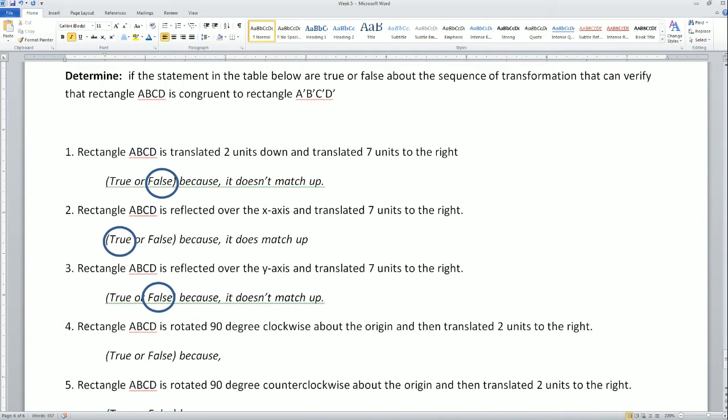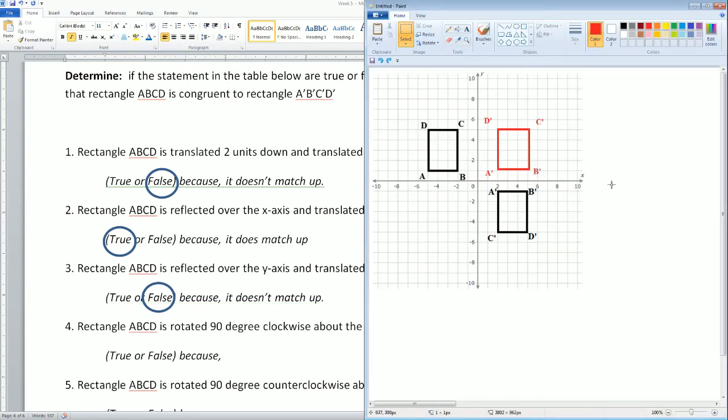Rotate ABCD 90 degrees clockwise about the origin, then translate it 2 units to the right. Okay, so we can do that. If you rotate it to the right, it should look like this. It should look something like this.